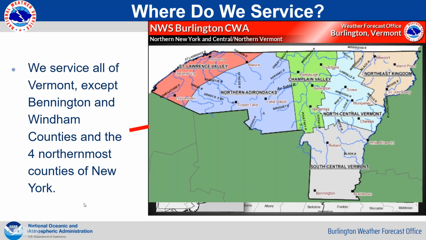We host a variety of different regions ranging from the broad open St. Lawrence Valley to the very hilly northern Adirondacks, the Champlain Valley, to additional hills and slopes within north central and south central Vermont, and then of course the Northeast Kingdom.